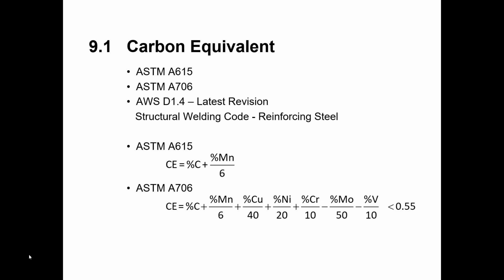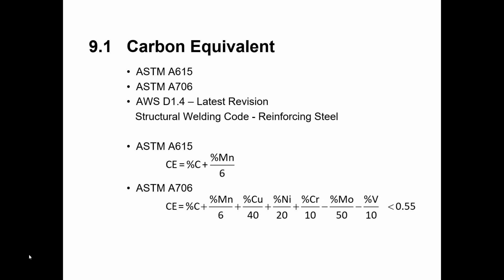And in the AWS D1.4, it gives you these two different equations for being able to calculate the carbon equivalent for either A615 steel or A706 steel. It is generally true that on the mill certs for your reinforcement, if you're getting A706 steel, most of the time, I couldn't tell you the last time I saw a mill cert that didn't just give you, here's what the carbon equivalent is.